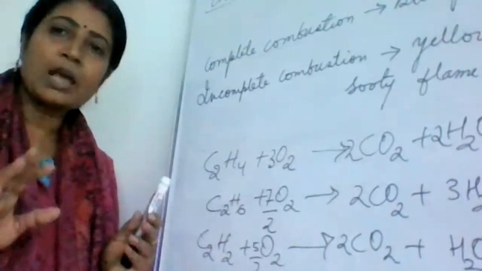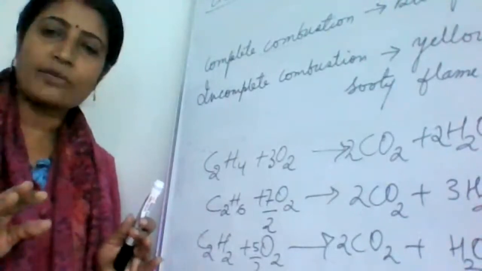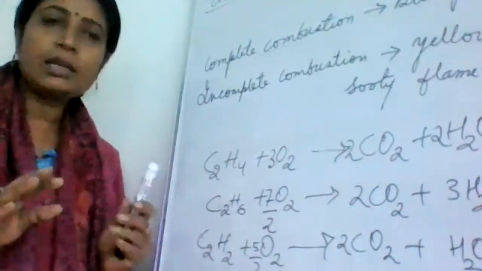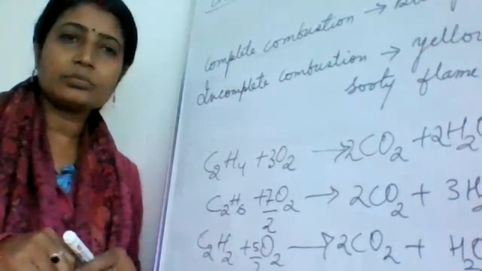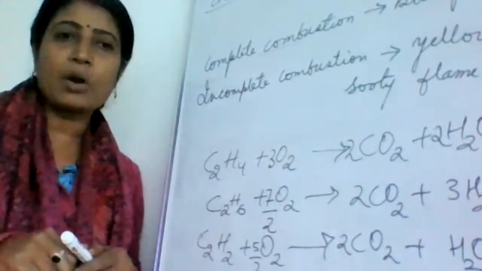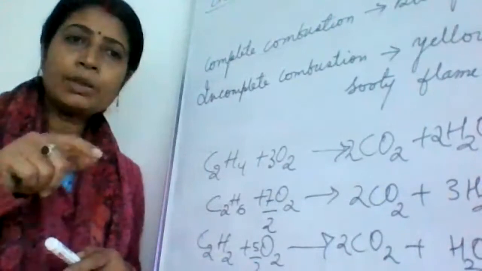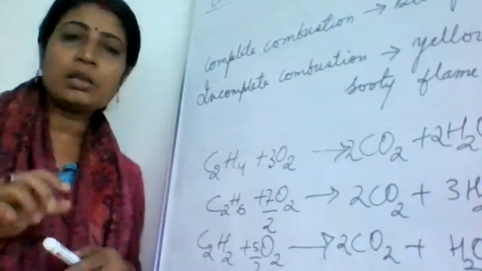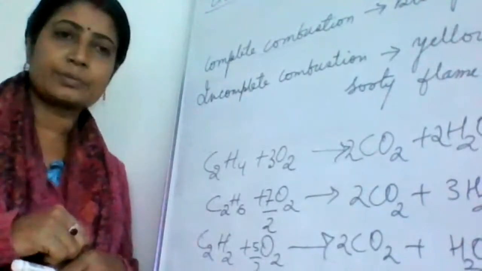No proper supply of air. Saturated as well as unsaturated compounds can undergo incomplete combustion, but the condition is that when there is not sufficient supply of air, then there will be incomplete combustion.